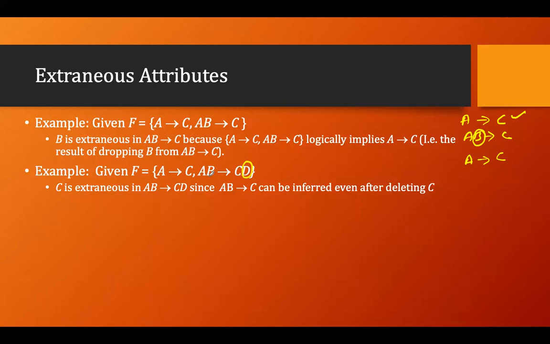So AB determines CD here, and particular D is extra. To find it out, we'll use some rules. So this example says that in the left hand side part we can remove, and in the right hand side also we can remove some attribute if we find out that attribute is extra.